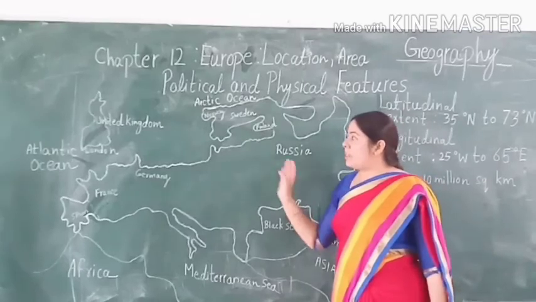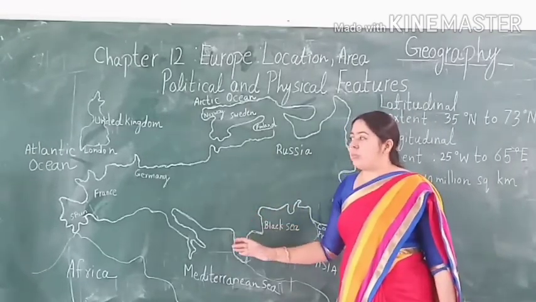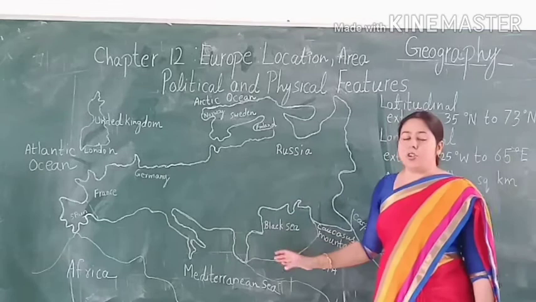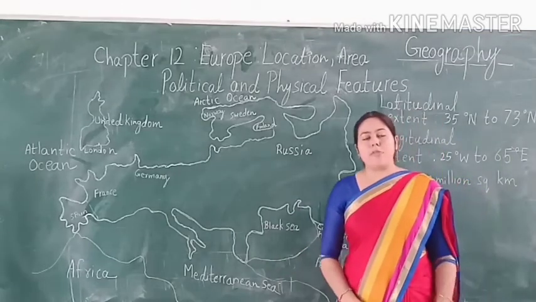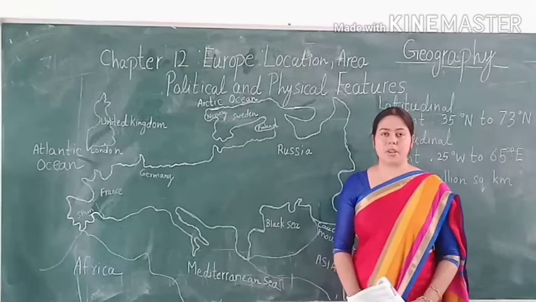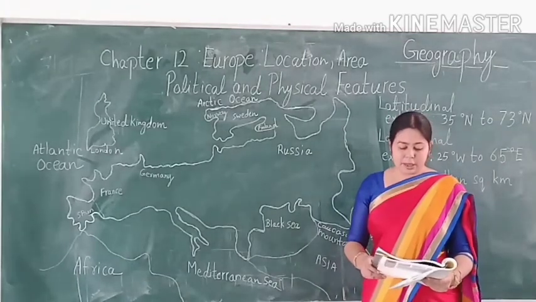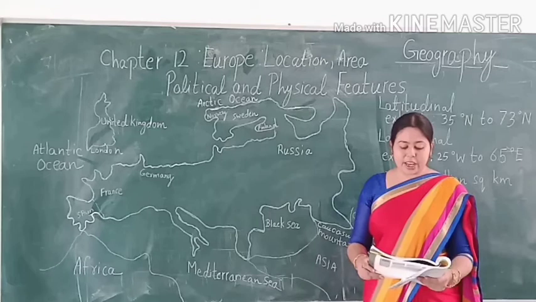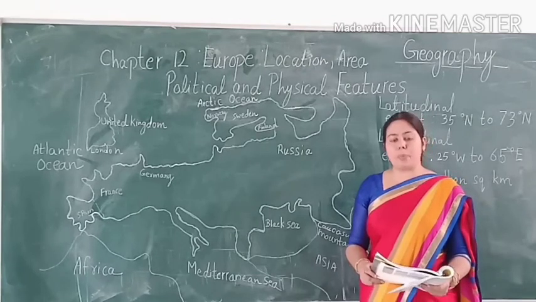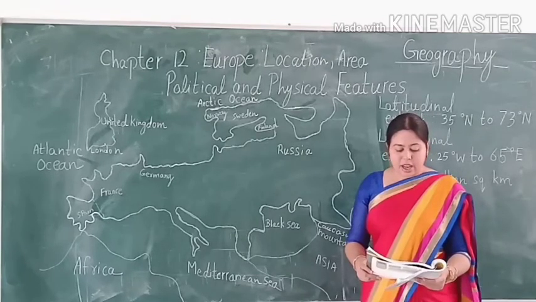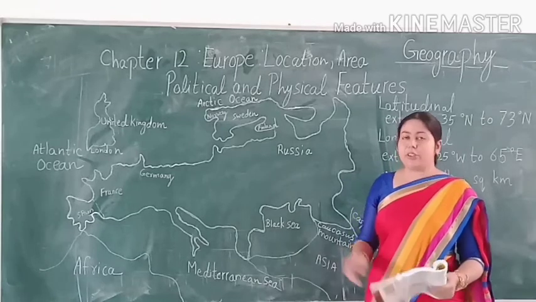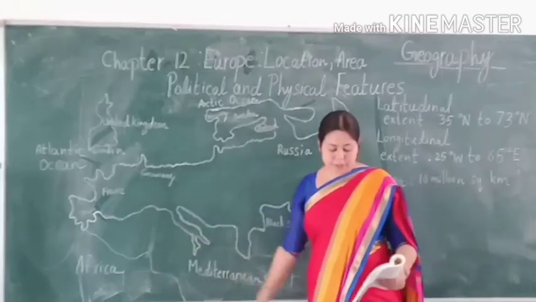So Europe is covered by water bodies on three sides, and so it is called the peninsula of peninsulas. In Europe, the Scandinavian, Iberian, Italian and Greek peninsulas are quite prominent. These are all surrounded on three sides by water.